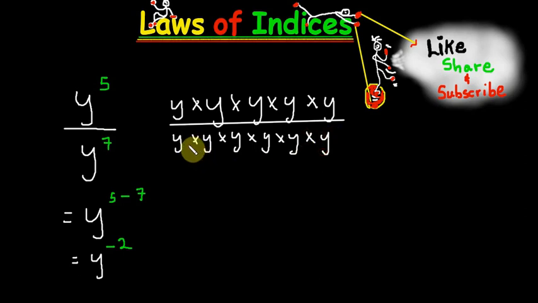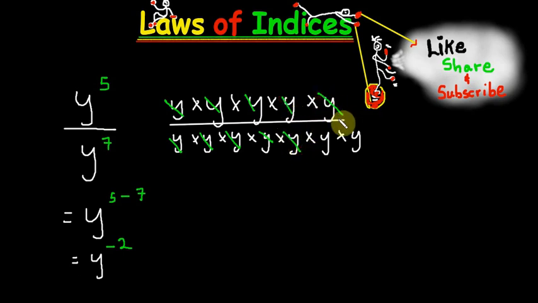How many y's do we have here? 1, 2, 3, 4, 5, 6. We're short of 1, so we write the other one. Boom! Alright, so let us cancel. Canceling is fun. So here we cancel.